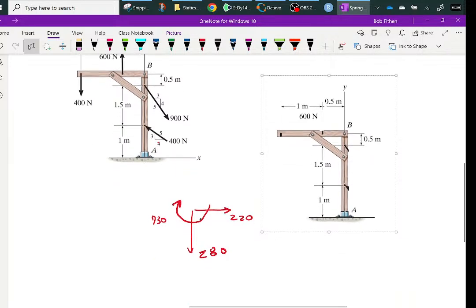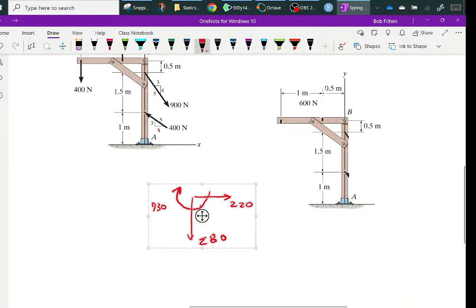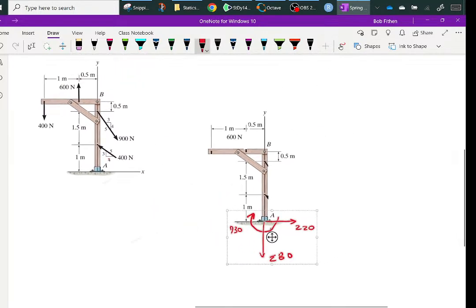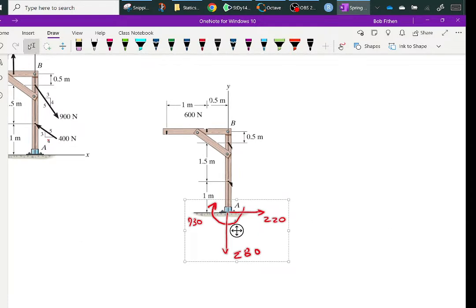Okay, now that's what we're looking at. So the question is, where do I move this force? This force has to remain its current value.